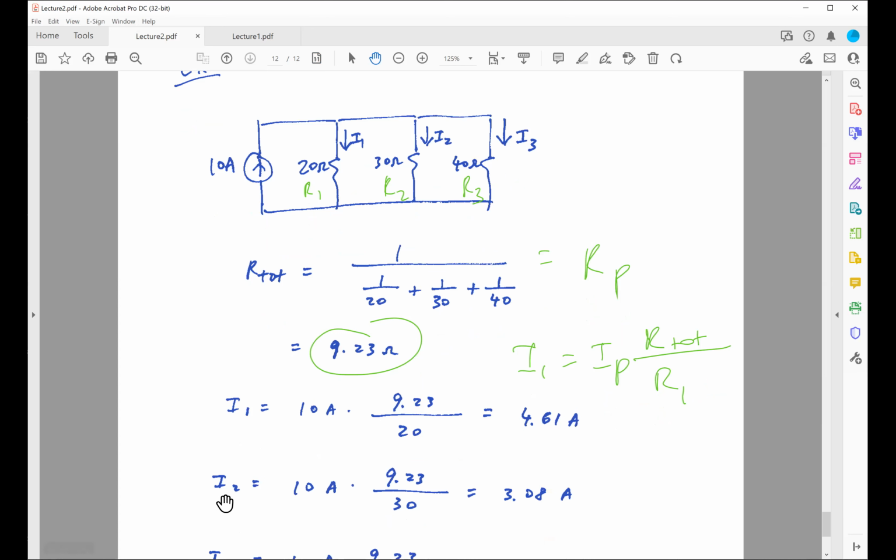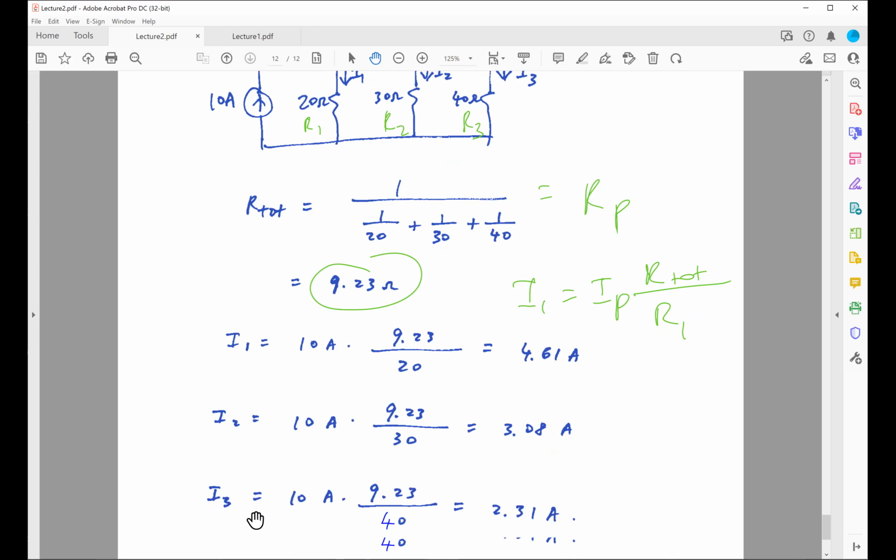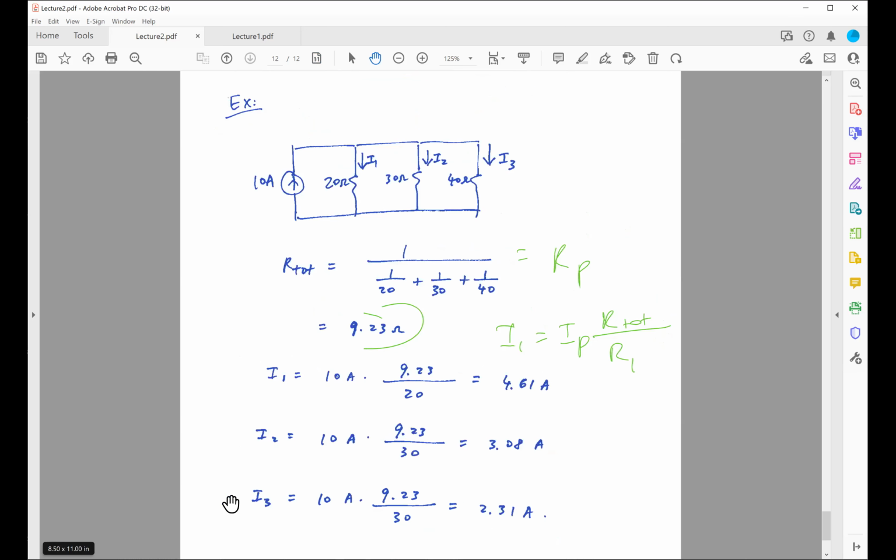By the same token, I2 is equal to IP times R total divided by R2, where R2 is 30. That gives you 3. And lastly, I3 is equal to 10 times R total, 9.2, divided by 40, which is R3. And that gives you 2.3.